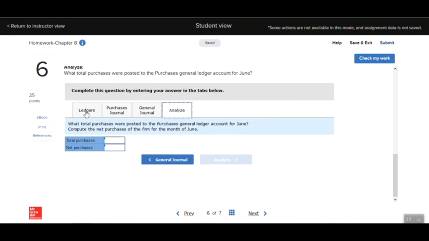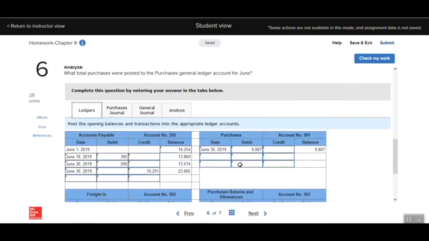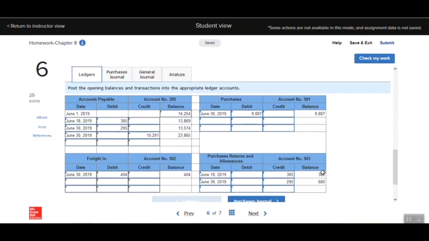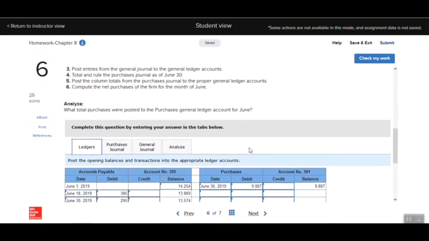And if you recall, there's a purchases ledger account. So our total purchases is the balance in that account. To get the net purchases, you're also going to have to look at purchase returns and allowances. So your net purchases is going to be the total of purchases less your purchase returns and allowances.